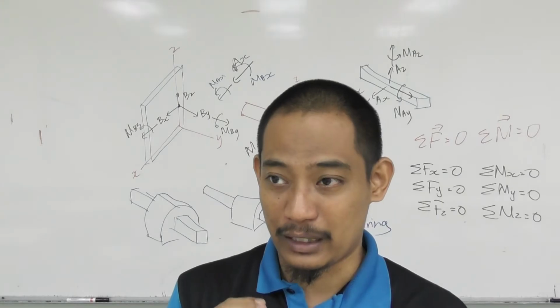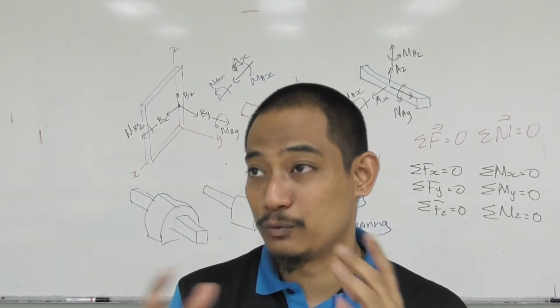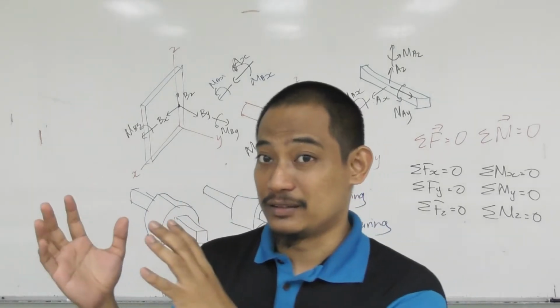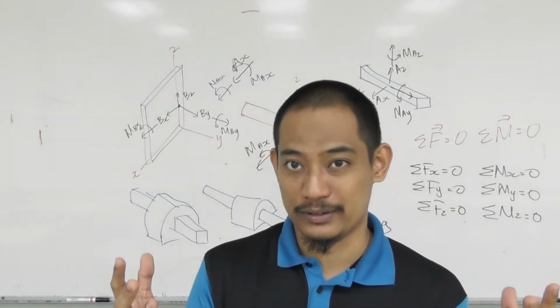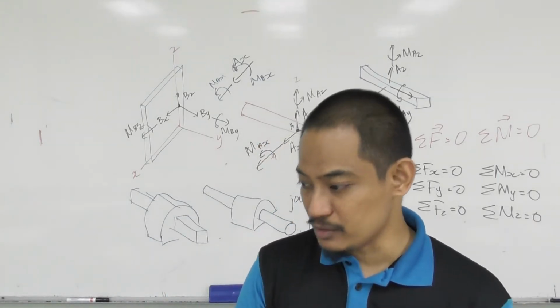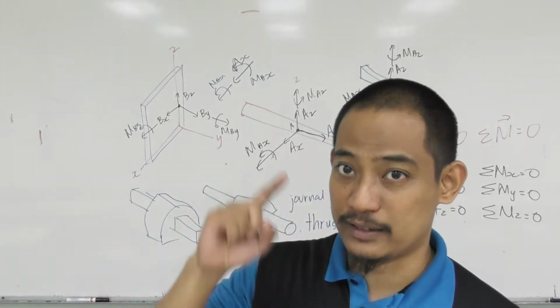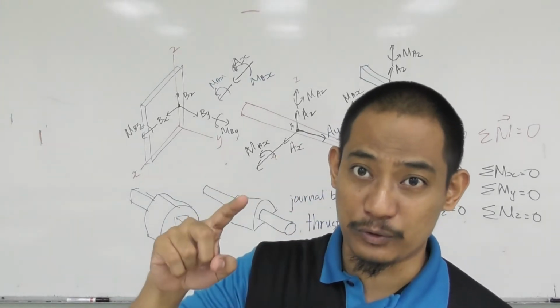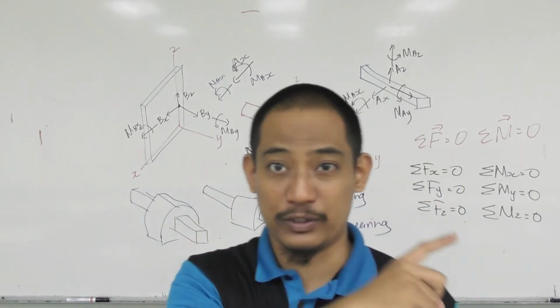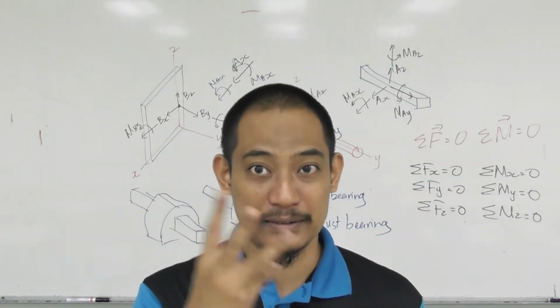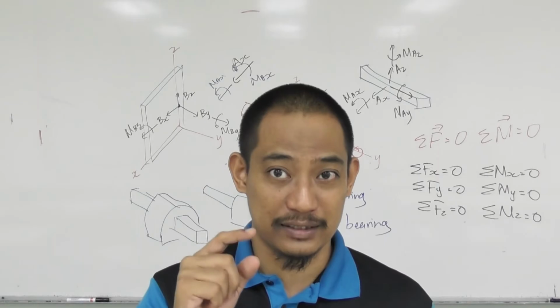But I'm just explaining here why certain things are not normally in the exam. So in this part, the understanding is just this: make sure you understand that if the number of unknowns is more than the number of equations, which is 6 in 3D, then it is statically indeterminate.